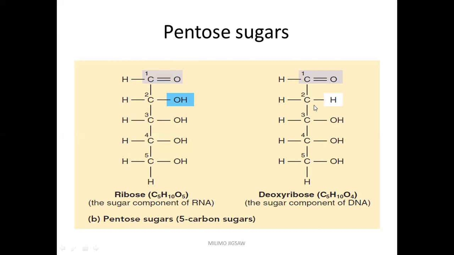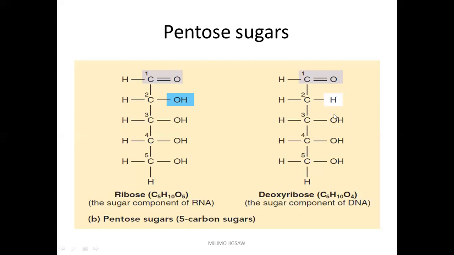So remember, at position 2, a ribose sugar has a hydroxyl group on carbon 2. It has an OH, while the deoxyribose sugar has simply an H on carbon number 2.